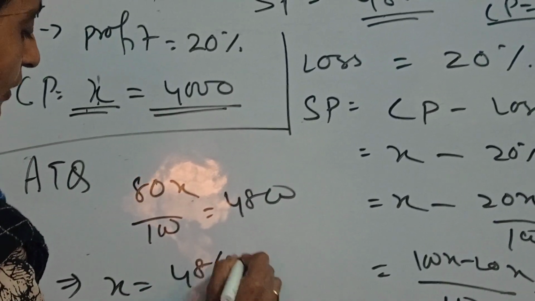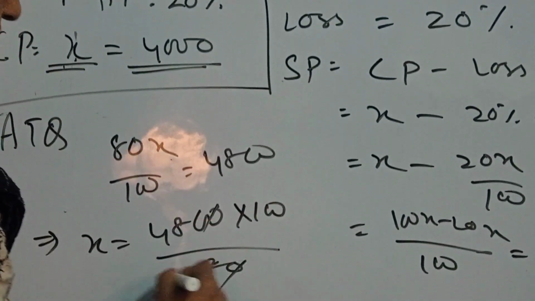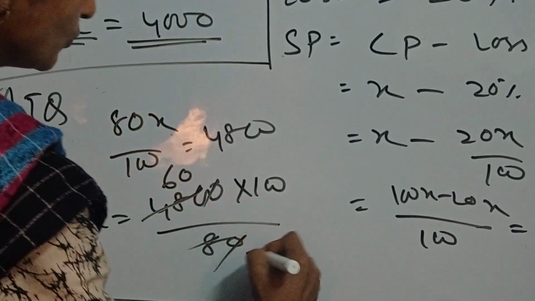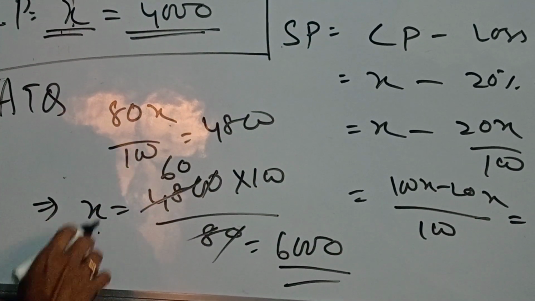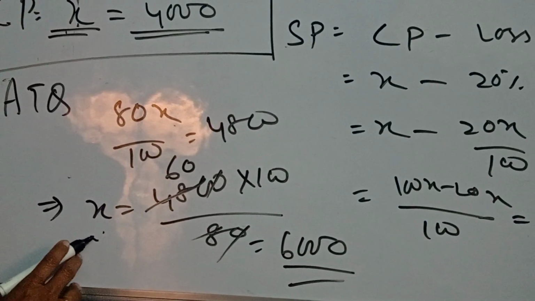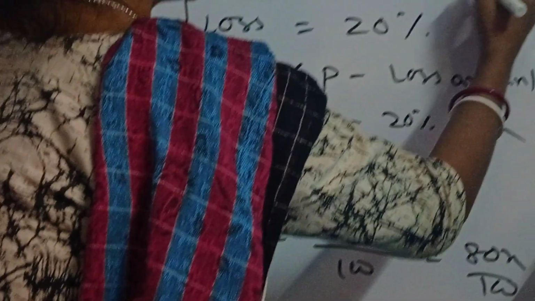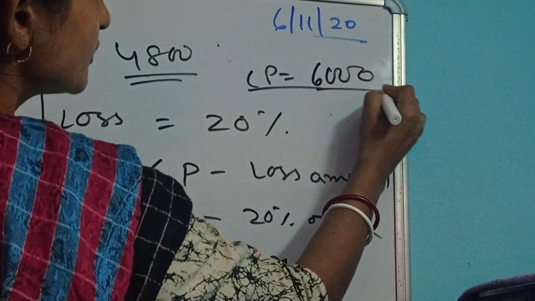It is 4800 into 100 divided by 80. So let's cancel, it is 60, so we get 6000. So as per the question and after the solution, we have got that the CP for the second radio set will be 6000.